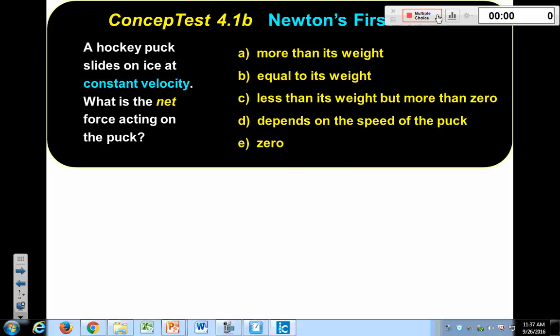A hockey puck slides on ice at constant velocity. What is the net force acting on the puck? I think first law, second law? Second law, probably. Feel free to ask your neighbors.